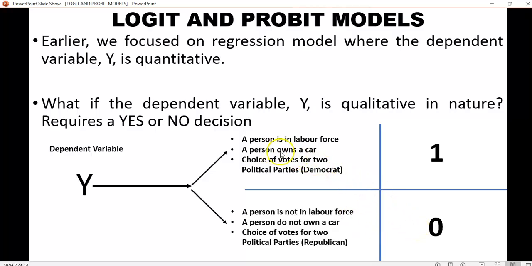Also, a person who owns a car is assigned a value of 1, and a person who does not own a car is assigned a value of 0. And so when it comes to choices of votes for two political parties, if we decide to choose the Democrat, you can assign 1 to it, and if you decide to choose the Republican, you can assign 0 to it.